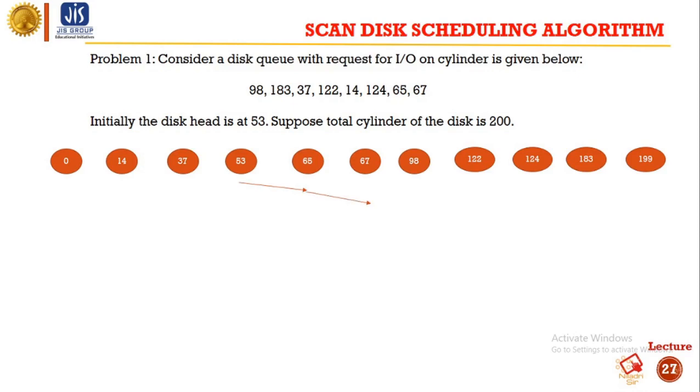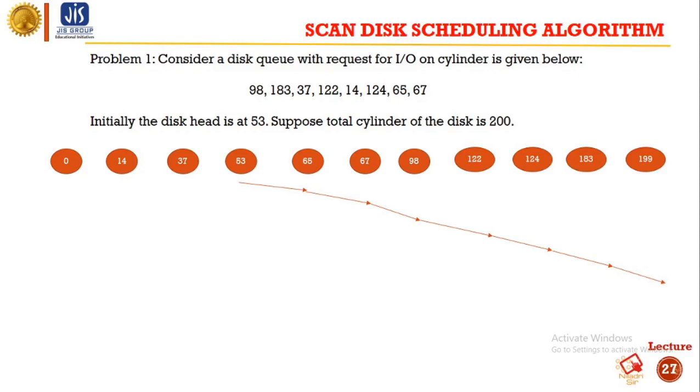From 67 we will move to 98, from 98 to 122, and from 122 to 124. From 124 we will move to 183, and from 183 we will move to 199. That means we will move to the end of the cylinder.